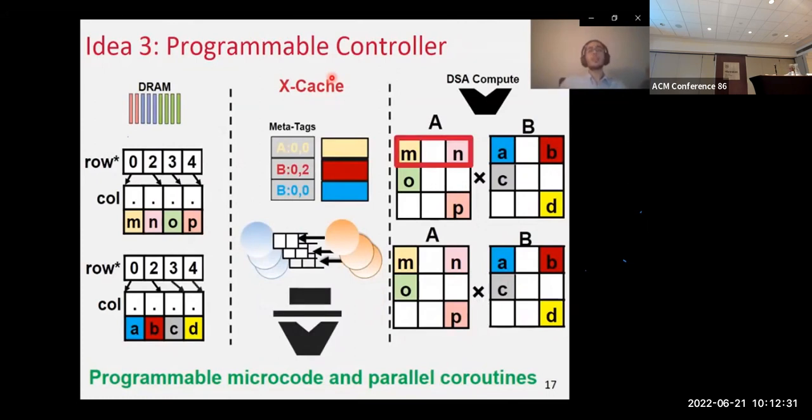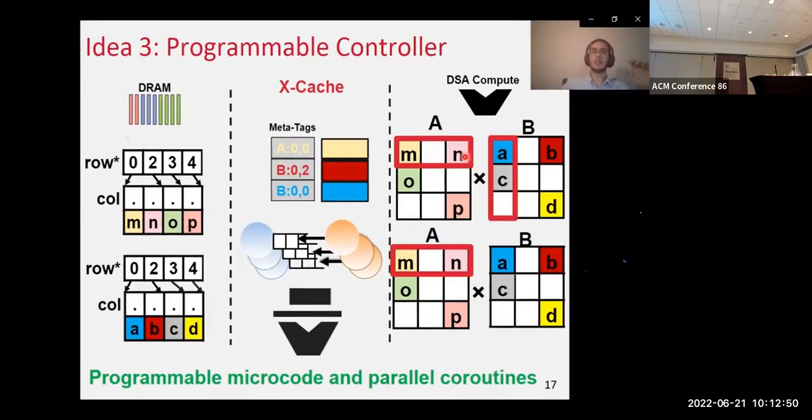So let's take a look at these examples. On the top, we have the inner product algorithm. So we're choosing one row of matrix A, and we're multiplying it by a column of matrix B. At the bottom, we have the same example that I showed before. We're choosing one element, we're multiplying it by a row, we're choosing another element, and we're multiplying it by the corresponding row again.